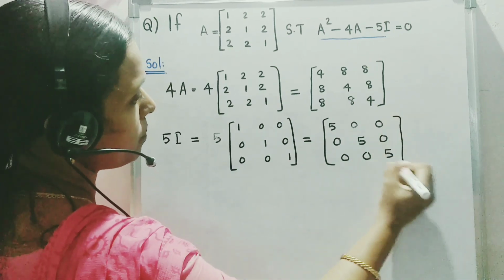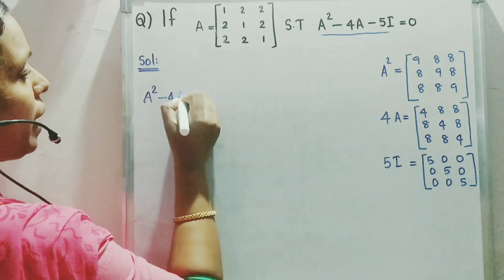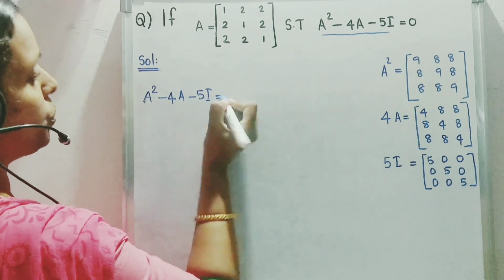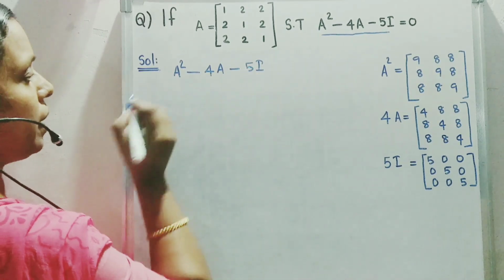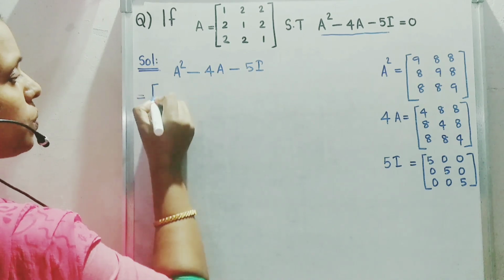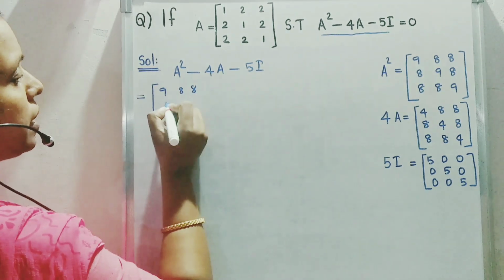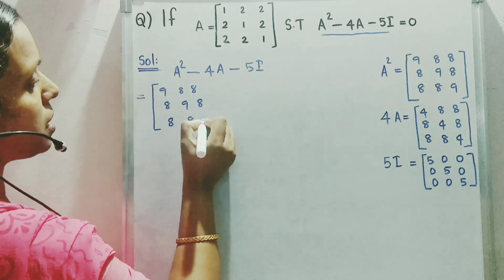Now we write A square minus 4A minus 5I equal to. Here A square is 9, 8, 8, 8, 9, 8, 8, 8, 9.